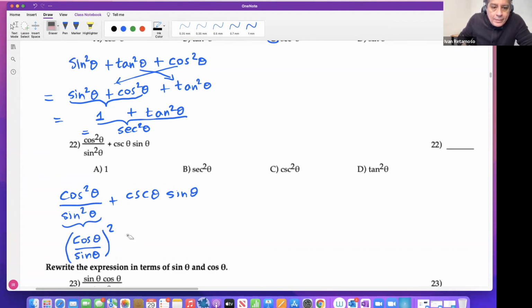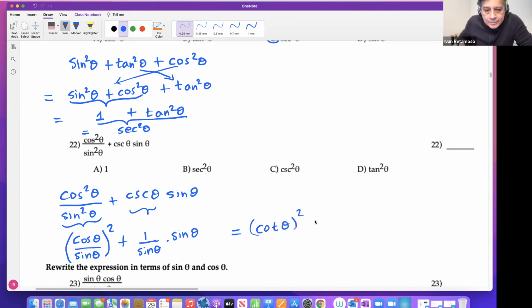For this other part, I use the reciprocal identities. Cosecant is 1 over sine. So 1 over sine of theta here times sine of theta. Bit tricky, this one. Look, cosine of theta over sine of theta is cotangent of theta, right?